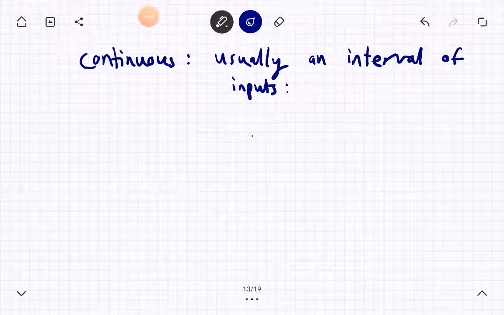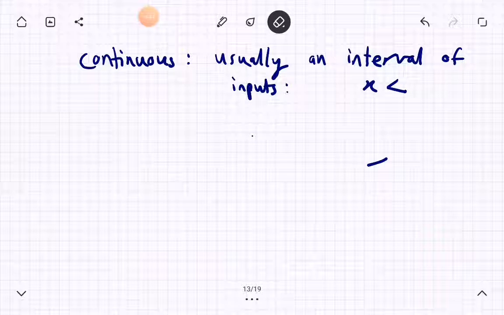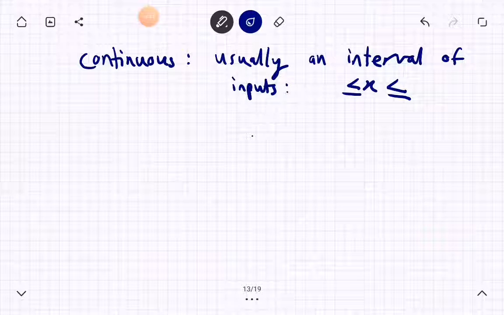So maybe I'm taking all my inputs to be all the numbers between and including 2 to 5, as my inputs, any number in this range.